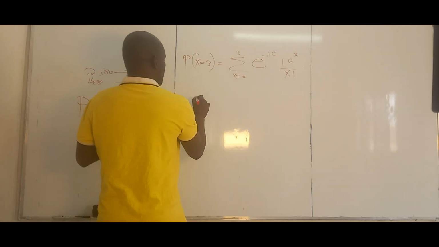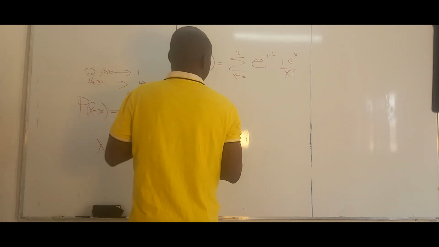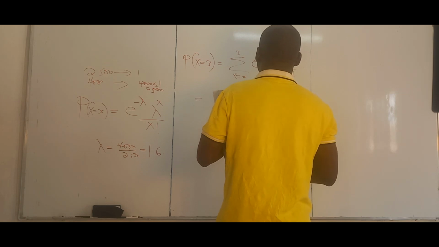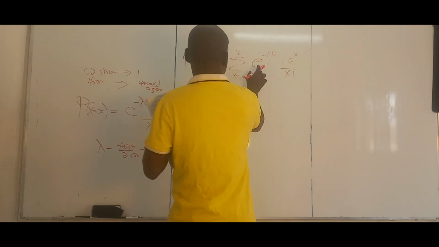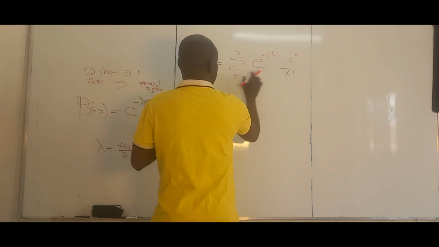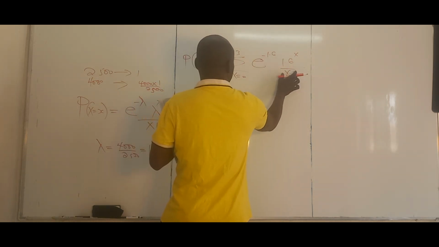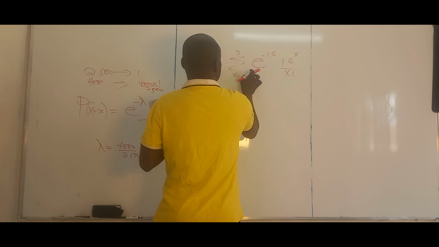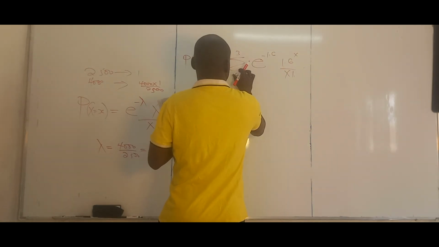I can factorize e to the minus 1.6 and bring it outside because it does not have any element of x, so it is not affected by the summation.